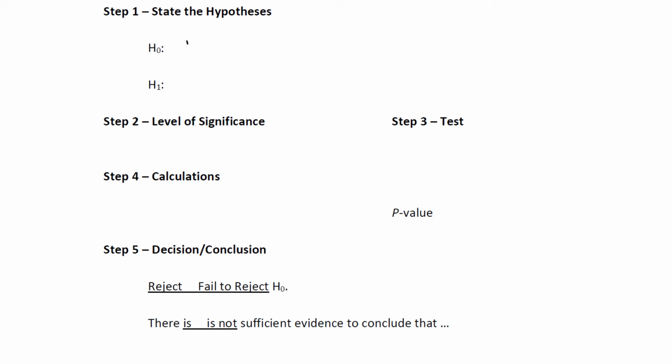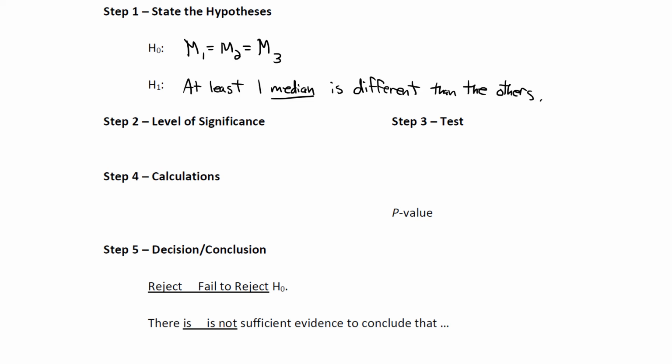The null hypothesis, M1 equals M2 equals M3, and H1, at least one median is different than the others. So it's important to note in this first step that we've made a shift from means to medians. The level of significance still 0.05, and the test is Kruskal Wallis.